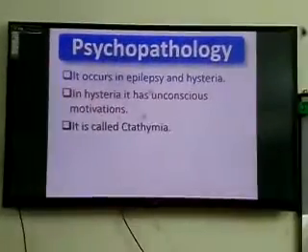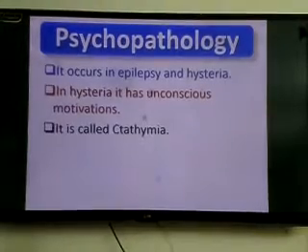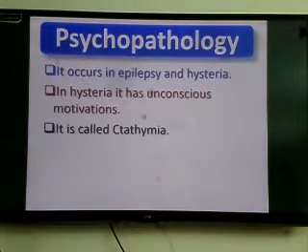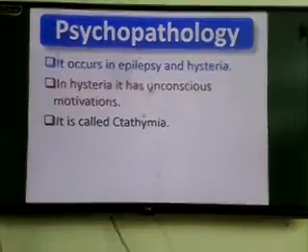The twilight state occurs in epilepsy and hysteria. In hysteria, it has unconscious motivation, and it's called catathymia. And this is a very well-known symptom in hysteria.